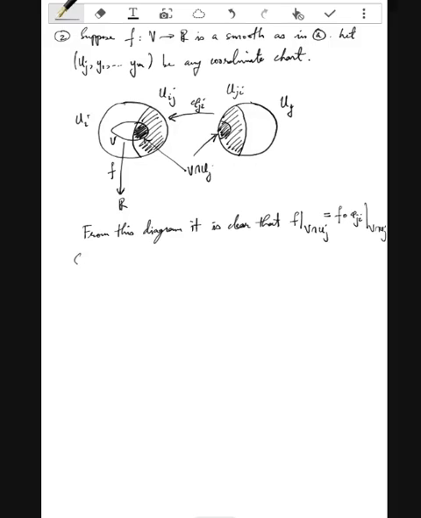So since the phi_ji's are smooth in the coordinates y1 through ym, and f is smooth.